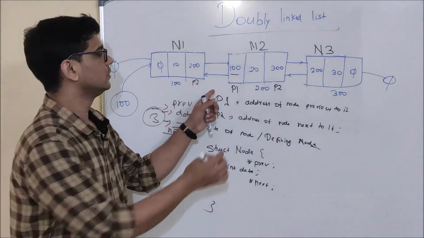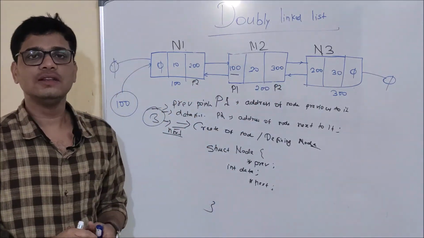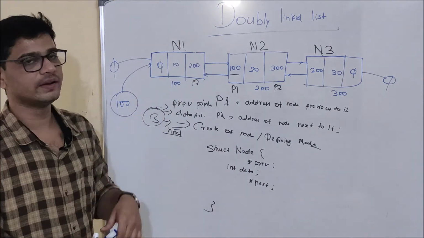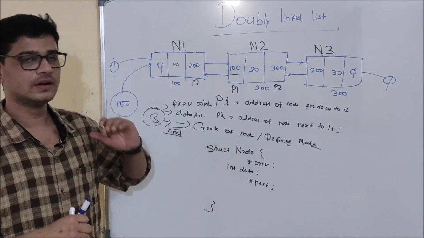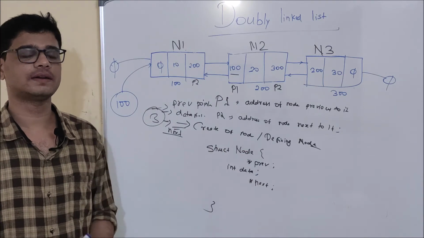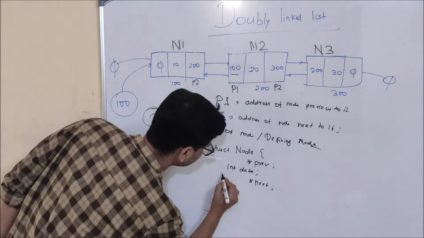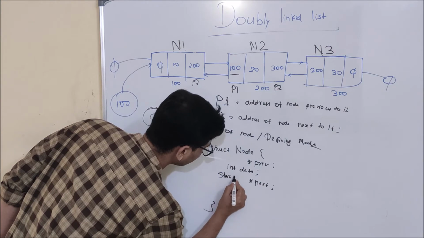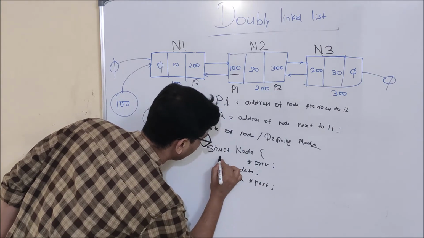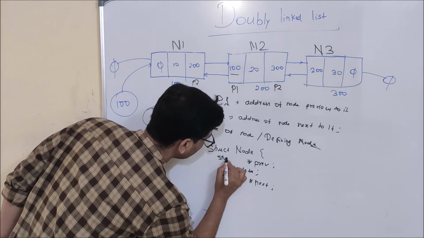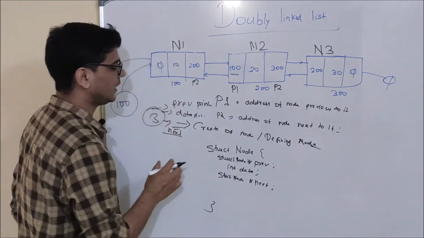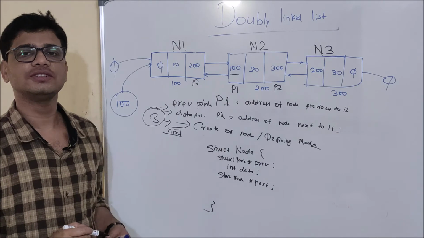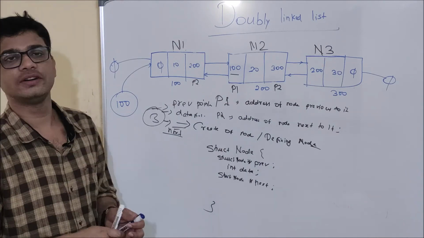So as you can see here, node 2 is holding the address of node 1. And what kind of data type is node 1? It is a struct node type of data type. So we are going to write here a struct node, and here also we will write a struct node. That is, it is a self-referential structure having two pointers.